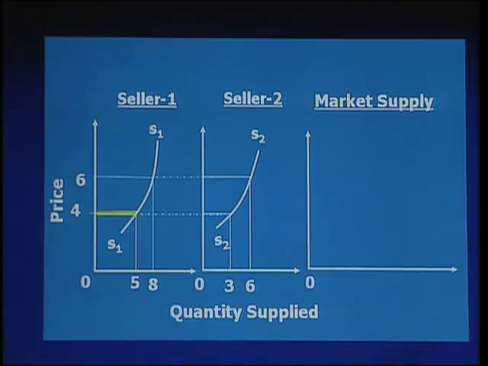So, we can see at price 4, seller 1's supply is 5 kilo and seller 2's supply is 3 kilo.